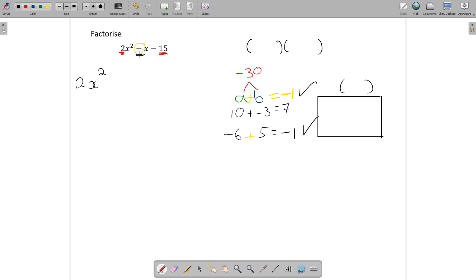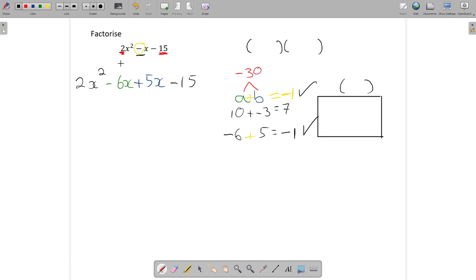So instead of just writing minus x here, I write minus 6x plus, I'm getting the number from here, 5x minus 15.